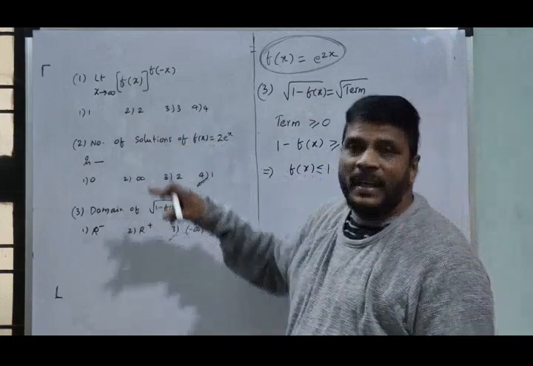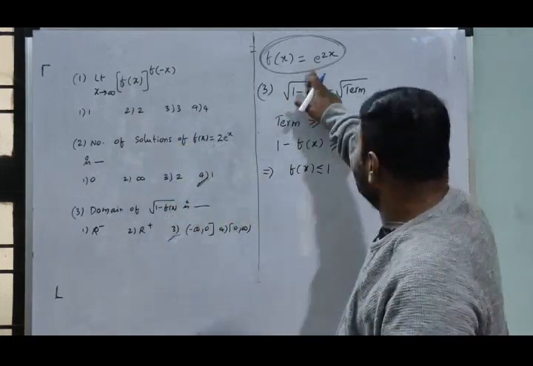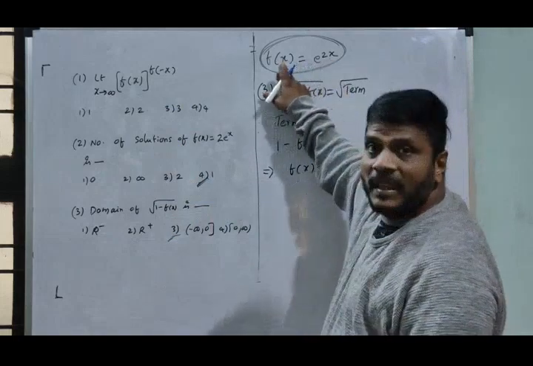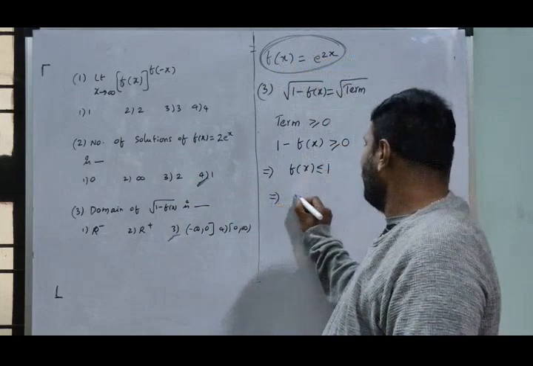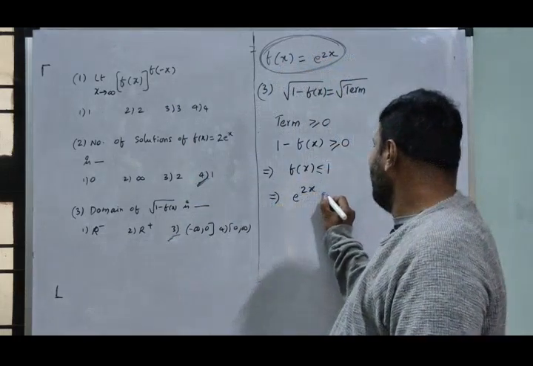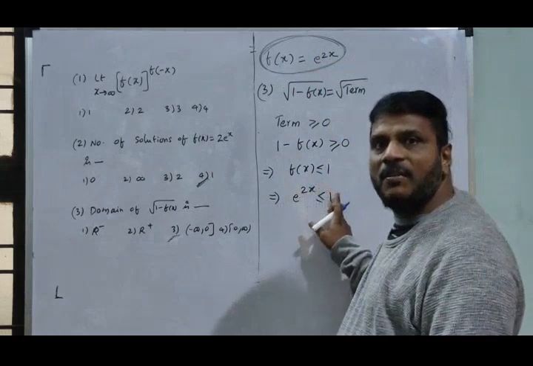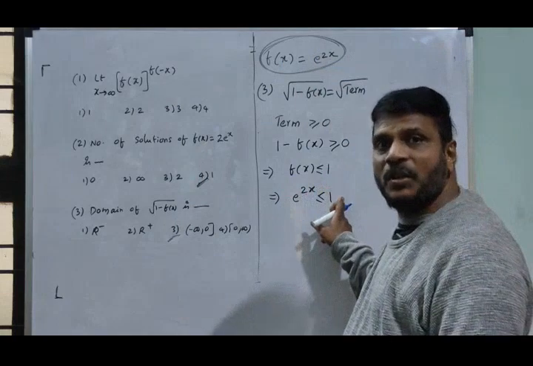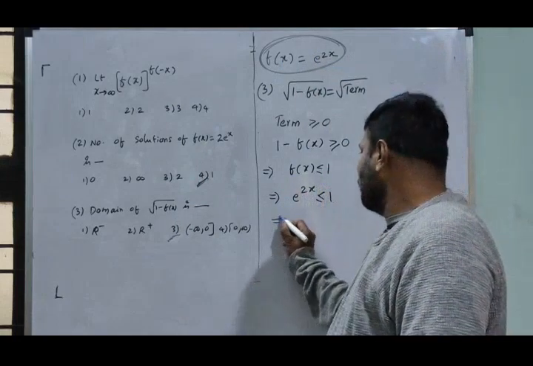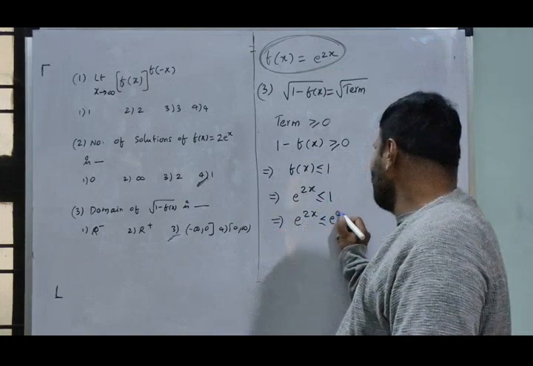Here in this paragraph type question, we obtained the function is e power 2x. Substitute here. So e power 2x less than or equal to 1. What is 1? 1 can be written as e power 0. So e power 2x less than or equal to e power 0.